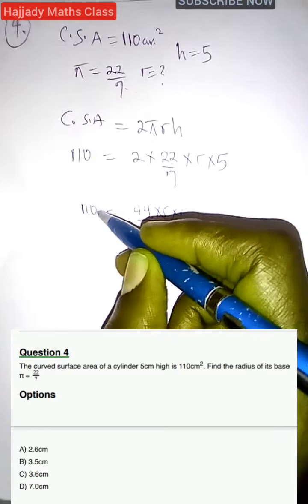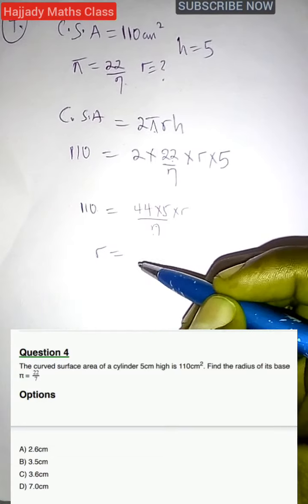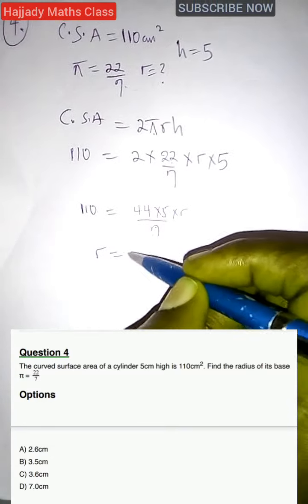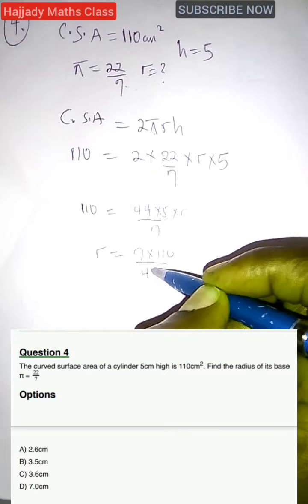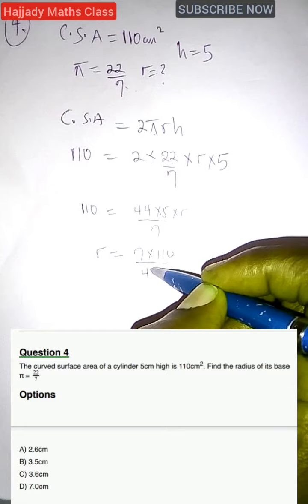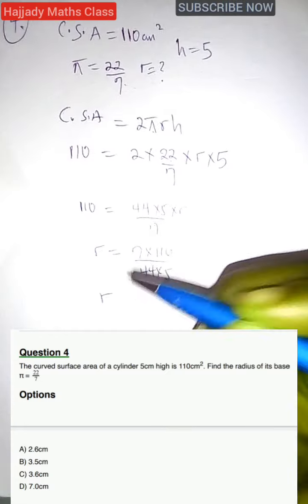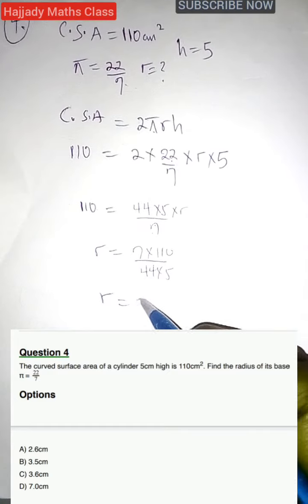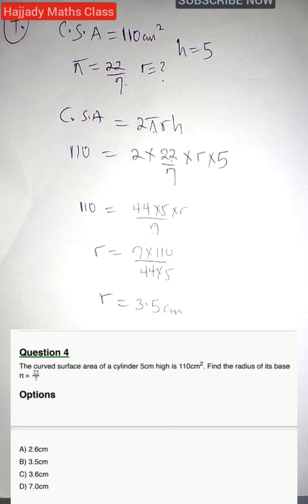Cross multiplying, our r will give 7 times 110 over 44 times 5. Using your calculator to divide to the lowest term, we have 3.5 centimeters. So this is what we have for question number 4.